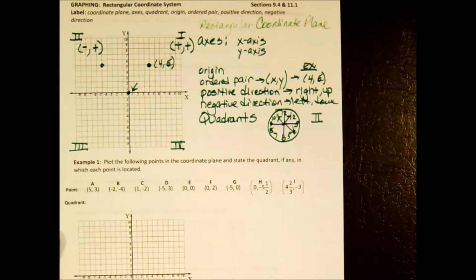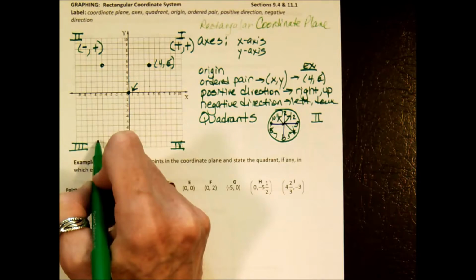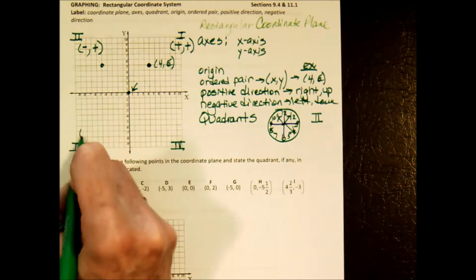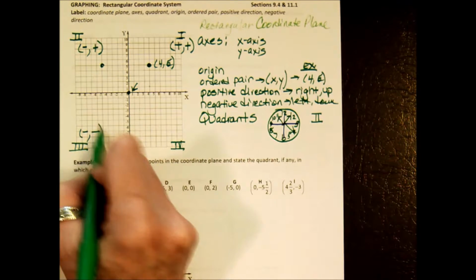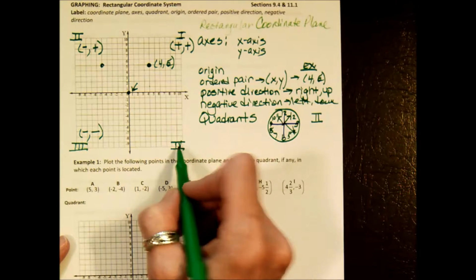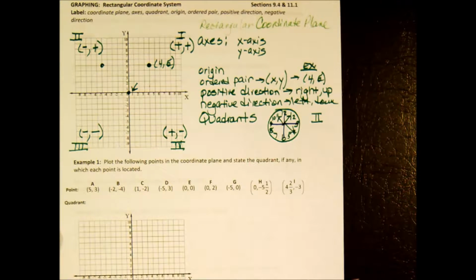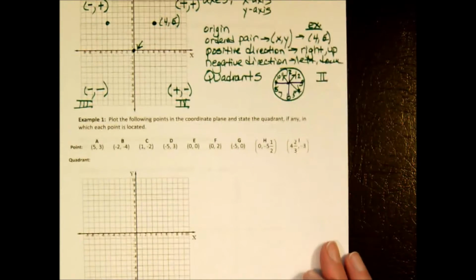So that is a negative positive quadrant. If I want to get somewhere down here in quadrant 3, I'm required to go left, which is negative, and down, which is negative. So that's a negative quadrant. And if I want to get to quadrant 4, I travel right and then down. So that is a positive negative quadrant.